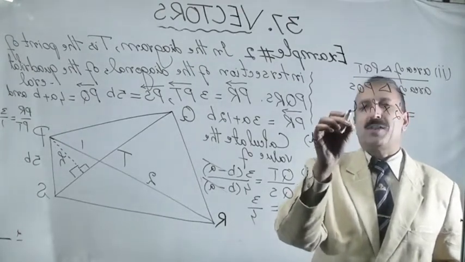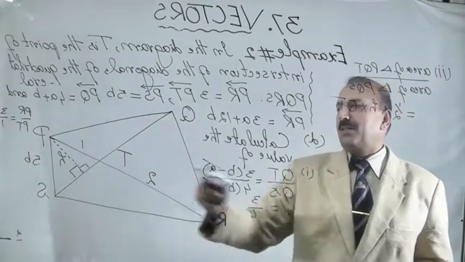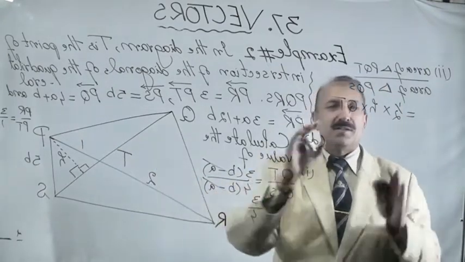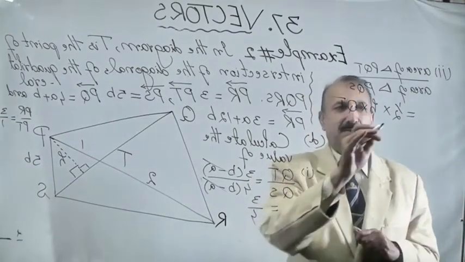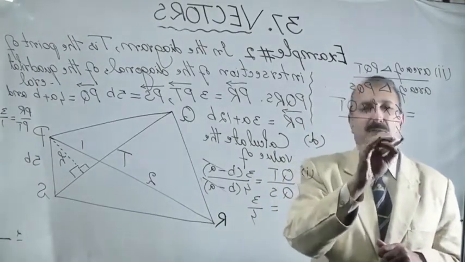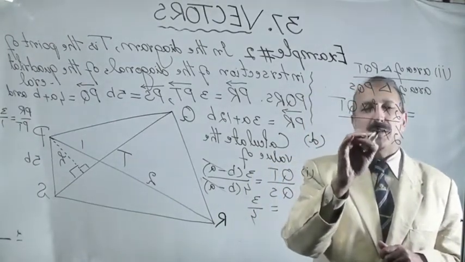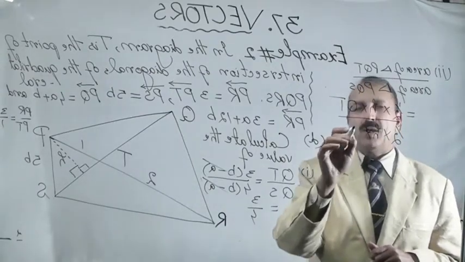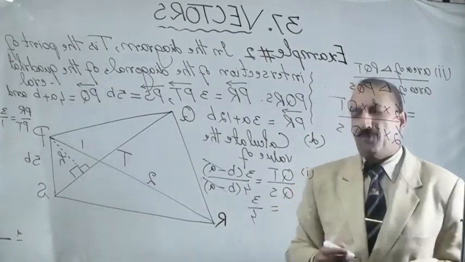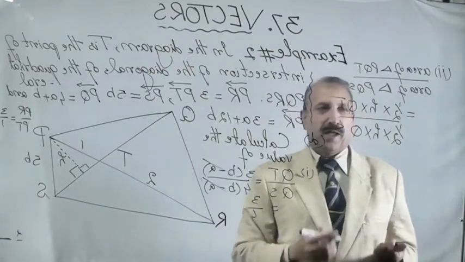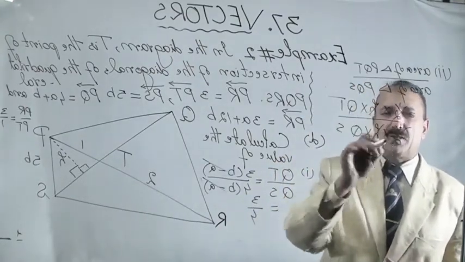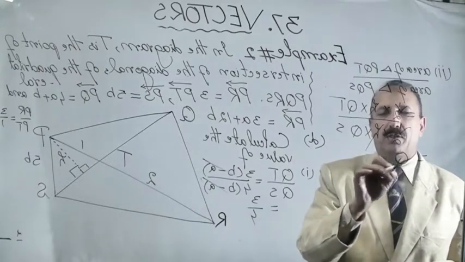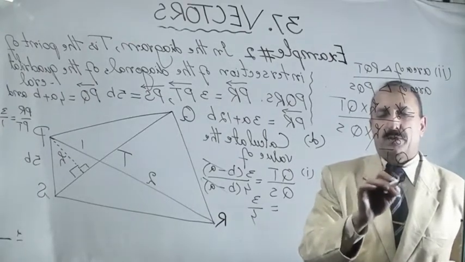This is QT. This is the simple formula for finding the area of a triangle that I'm using in this method. This is 1 by 2 into H into the base QS. And we have both vectors, and we will cancel this. H can be cancelled with this one, and 1 by 2 with this one. We got only QT over QS.